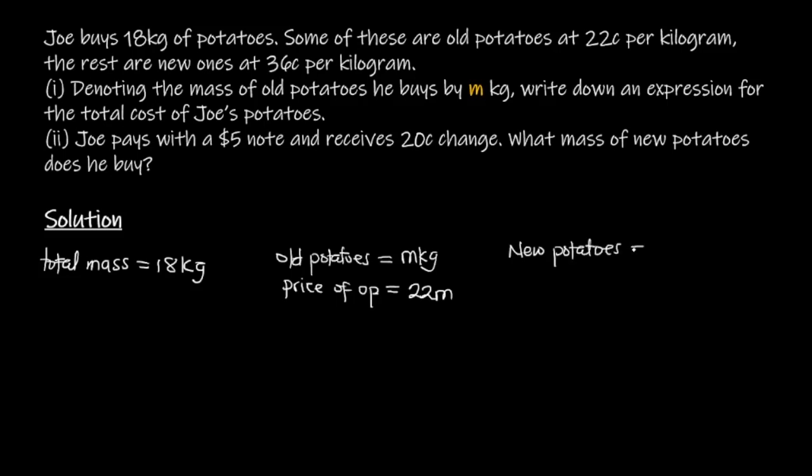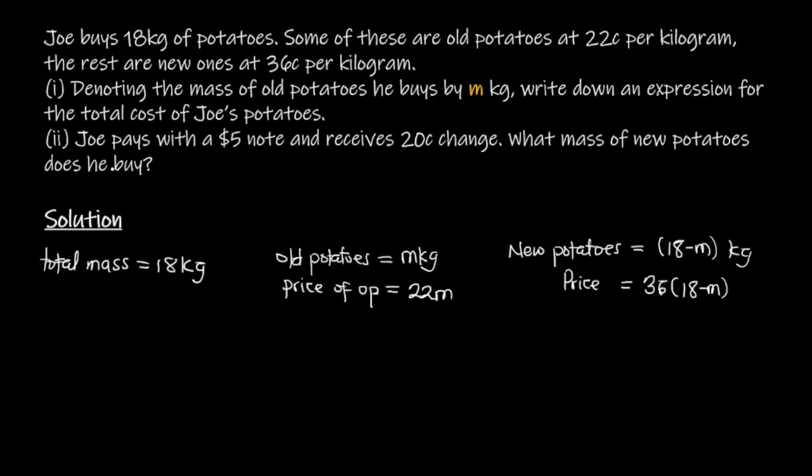Since the total mass he bought is 18 kilograms, and the old ones are m, if we subtract m from 18, we get the mass of the new potatoes in kilograms. And so the price of the new potatoes will be equal to 36 cents multiplied by 18 minus m.